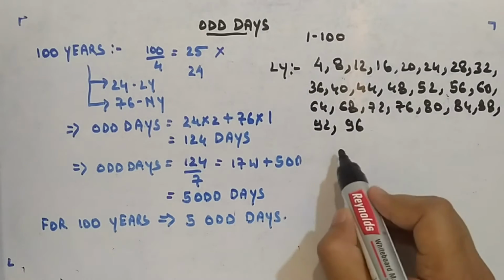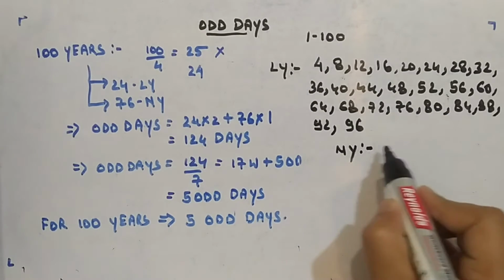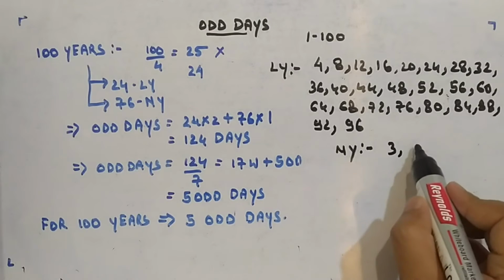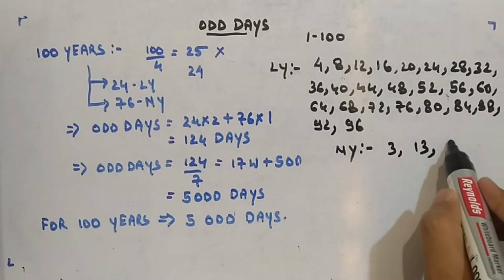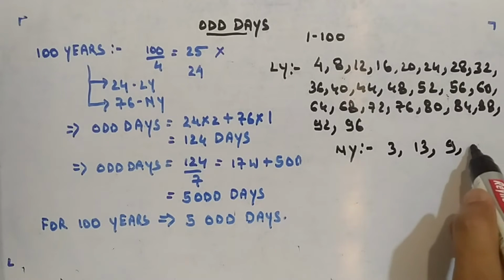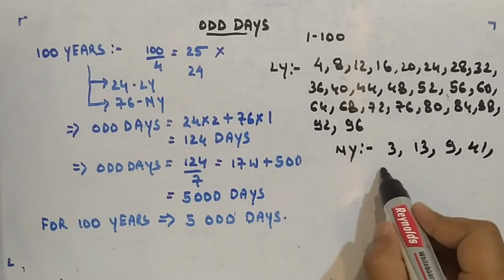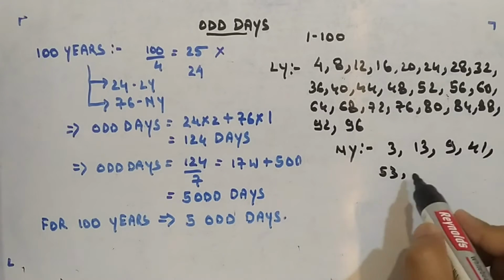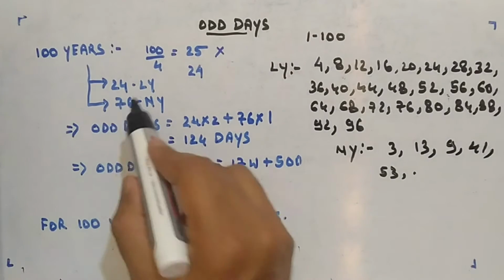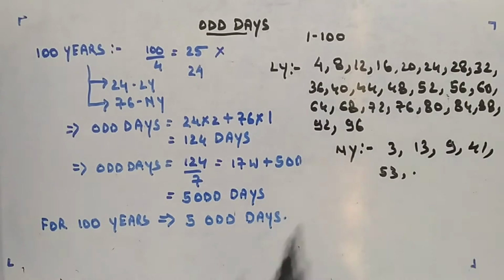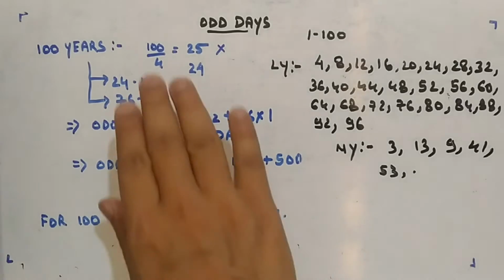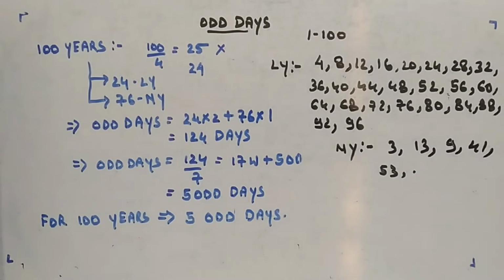and 100, that will be normal year. Just to give you an example, like 3rd year, 13th year, 9th year, or maybe 41st year, 53rd year. Likewise, you will have total 76 normal years. Just to give you a pictorial representation, so that you will be with me.